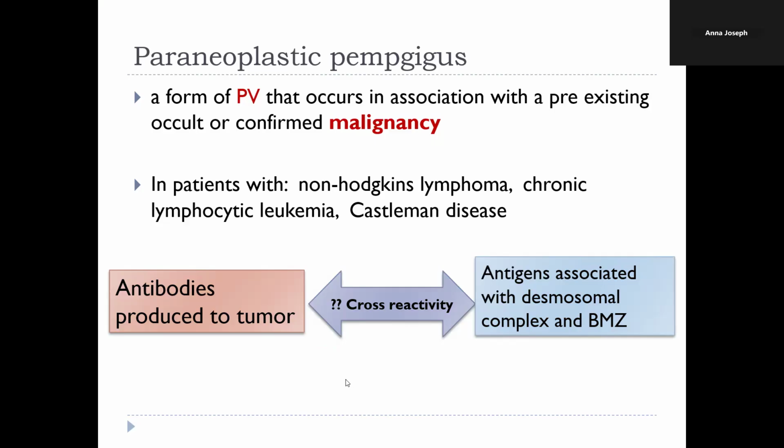Here, the pathogenic mechanism is that antibodies produced against the tumor cross-react with antigens associated with the desmosomal complex and the basement membrane zone, resulting in vesiculobullous lesions similar to pemphigus.